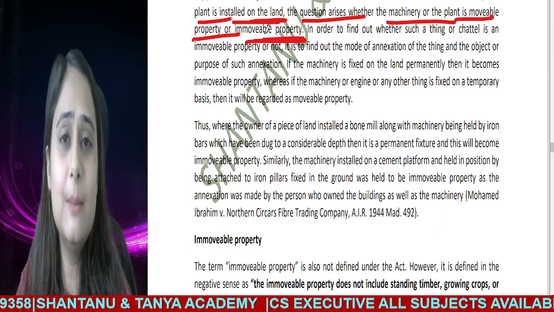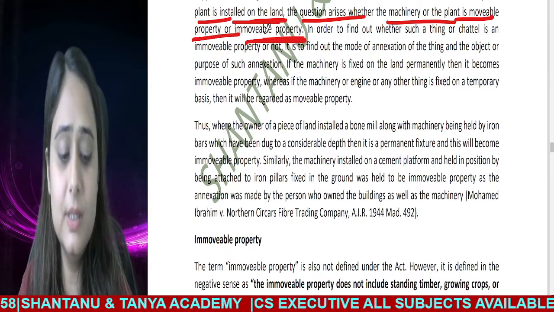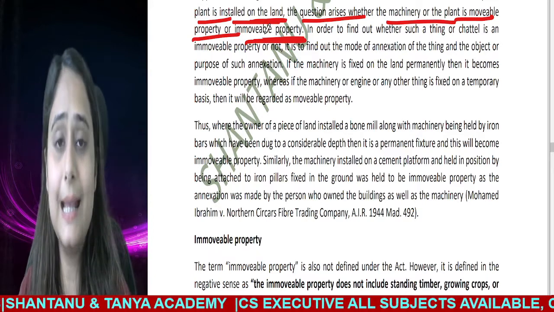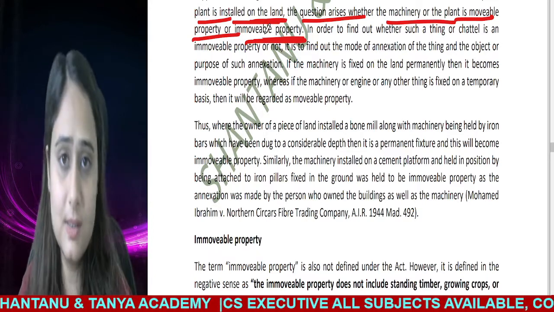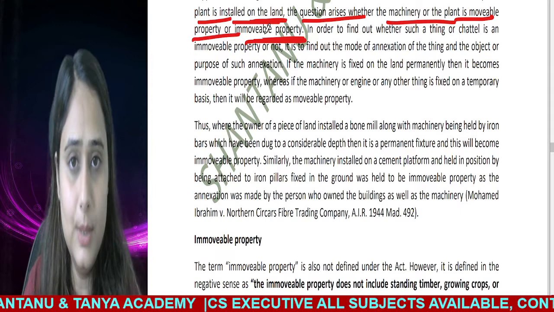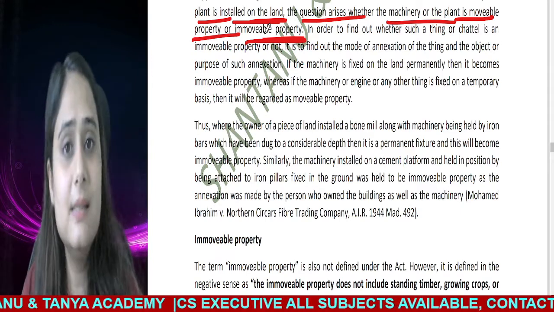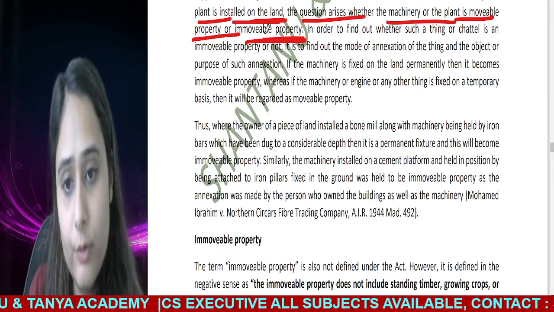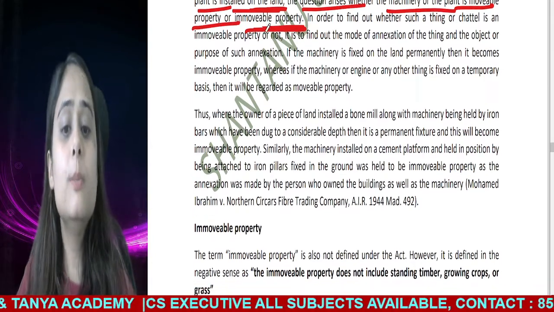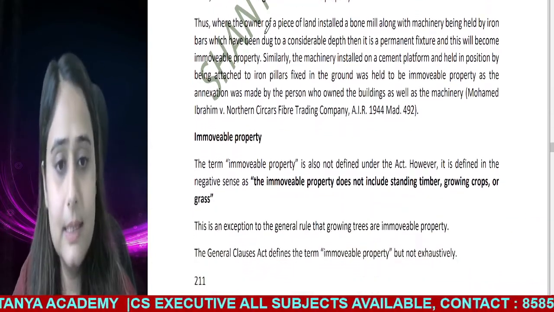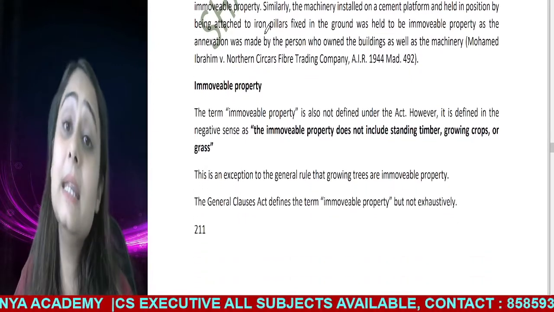But suppose a temporary cement base has been created and a particular machinery has been fixed on that base, so obviously it can be detached easily, so it would be regarded as movable, correct? So immovable property is not defined again under the Act. However, it is defined in a negative sense.